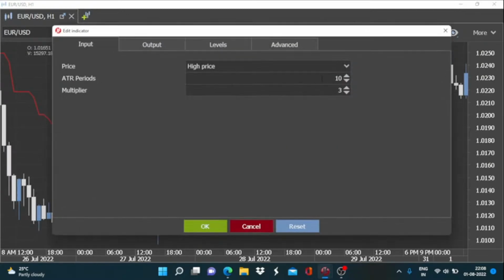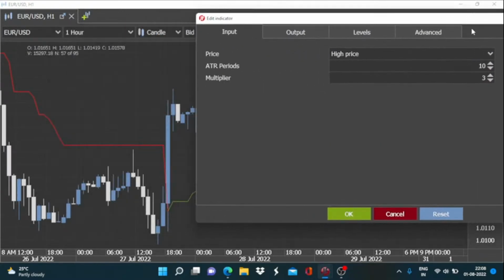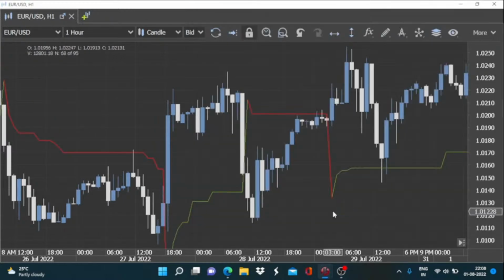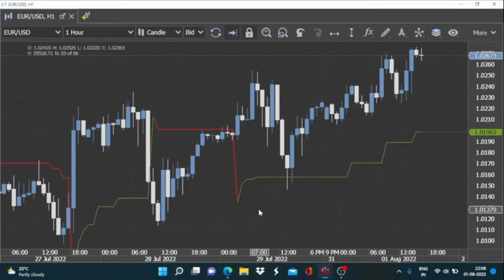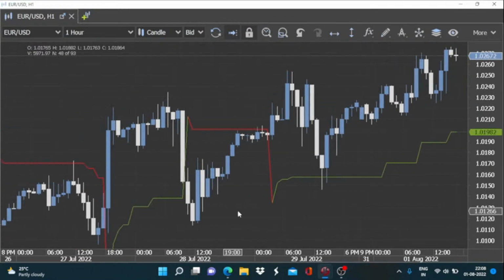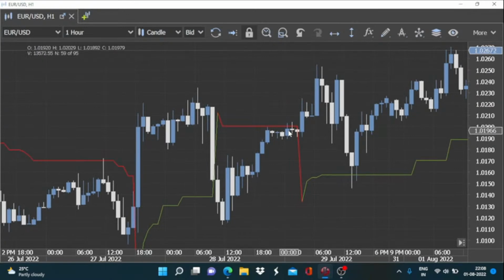Now if I change it to the low price, you will see it's significantly shifting on the lower side. And for a change to be observed from bearish to bullish, we won't need that big a move from the lower side to the higher side.